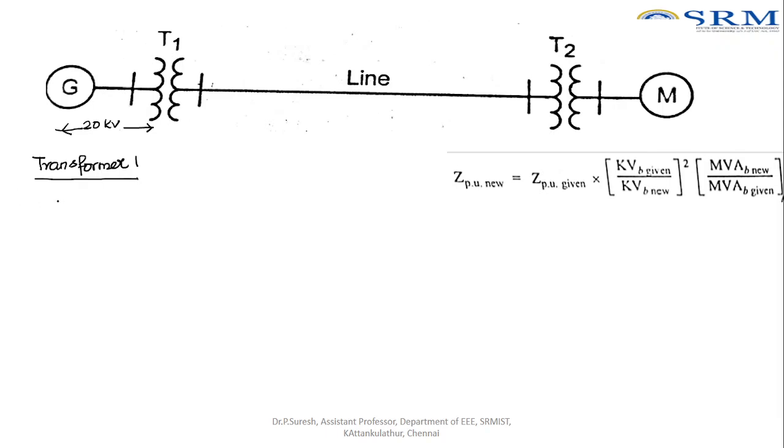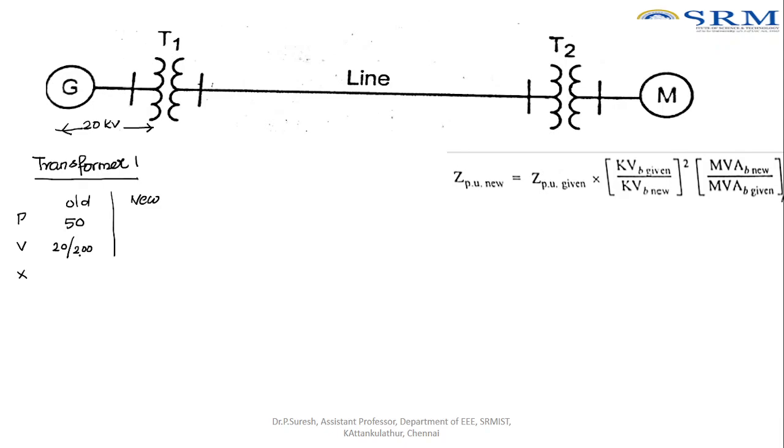Right. So for this case, we have to write what the old values and the new values are. So we should know what the power, voltage and X value are. So when you take transformer 1, the old power is 50 MVA. This is given in the problem, and the voltage is 20 by 200 kV.